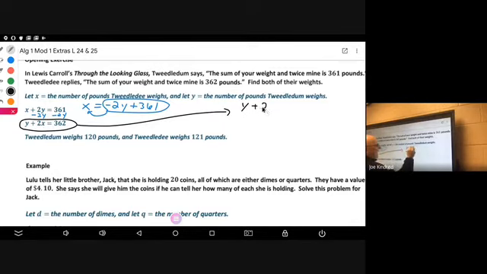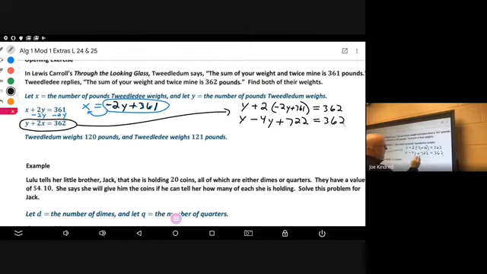In this case, x is negative 2y plus 361, and that is equal to 362. And so I go ahead and solve. I'm going to combine here and get negative 3y.